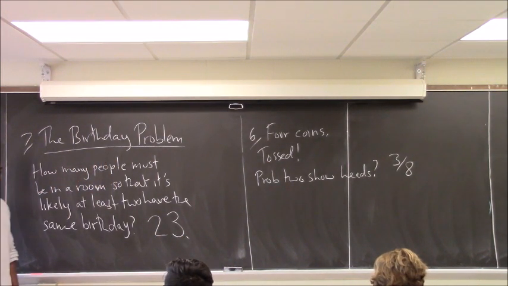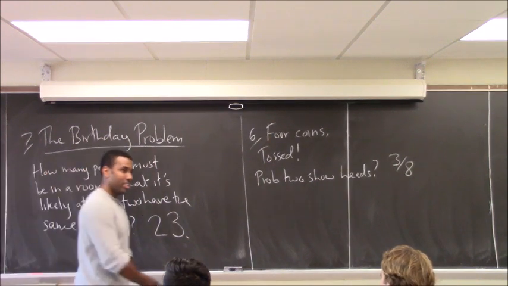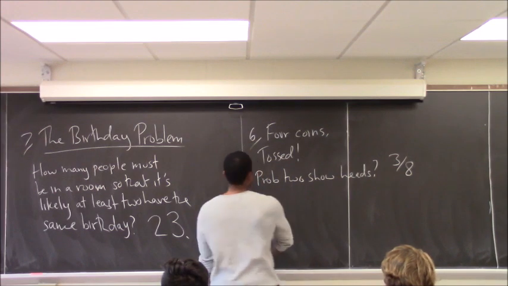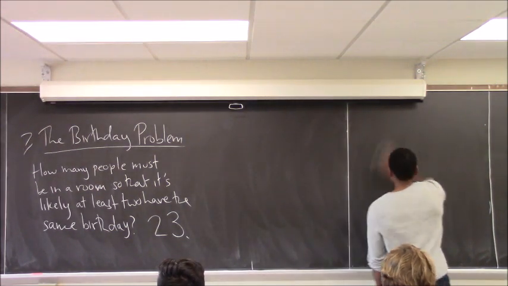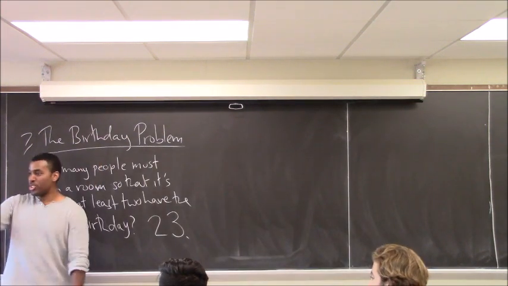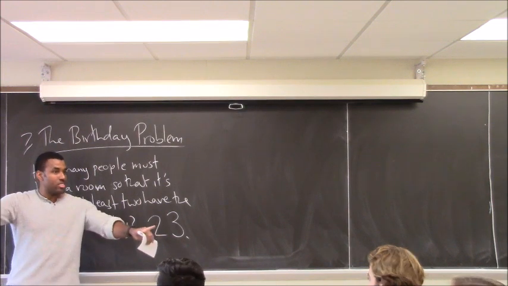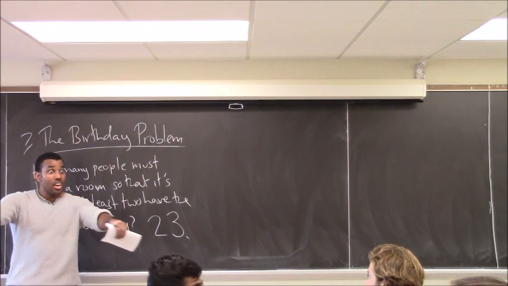Chances are someone in this room has your birthday, believe it or not. We have more than 23 students. I don't know, should we try it? Okay, go, quick. February 1st. October 21st. Today. Yes?